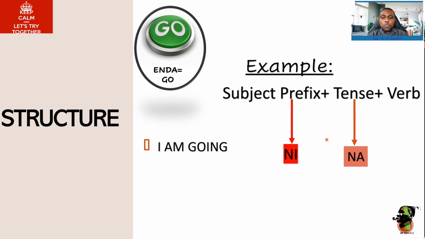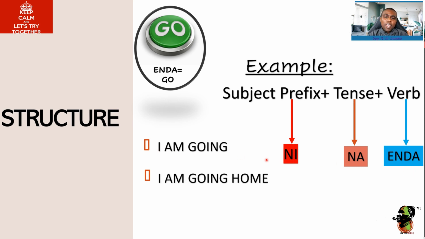We're going to put your tense there, which is na. Then we've got our verb, which is go, enda. So now we have a full complete sentence. I want you to read it for me. Your turn, go. Ninaenda. Asante sana. And that's how you read it, as one word. Ninaenda. Perfect.